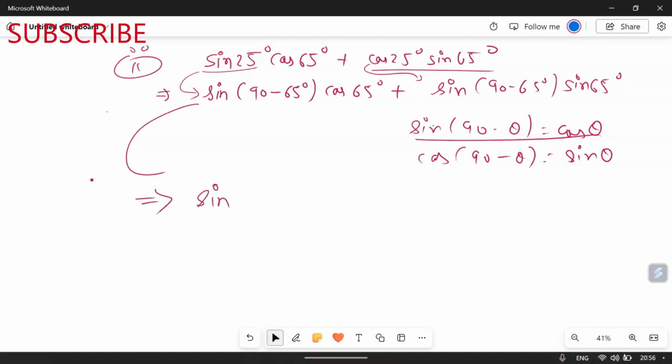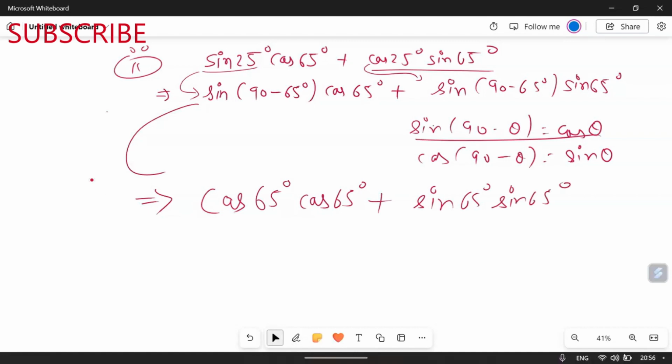Sine will change to cos by using this formula. Cos 65 degree, cos 65 degree, उससे multiplication में plus sin 65 degree और उससे multiplication में sin 65 degree. So it will become cos into cos, that is cos square 65 degree plus sine square 65 degree.